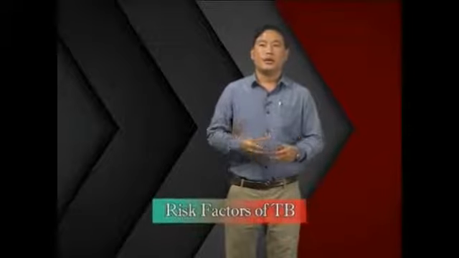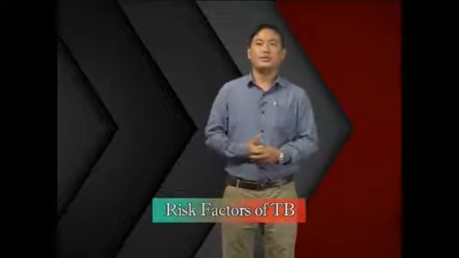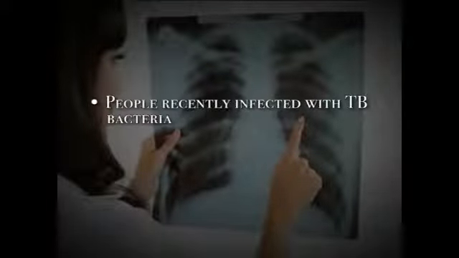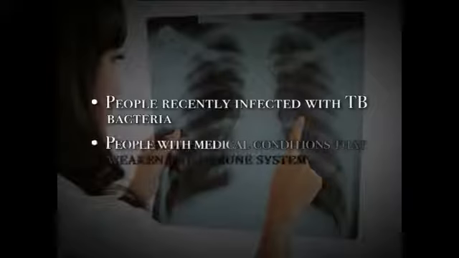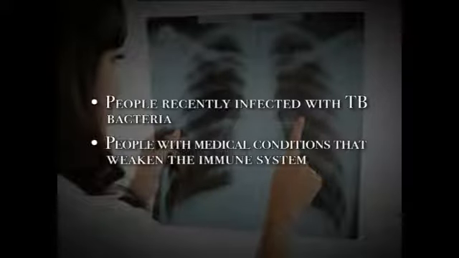Now we have risk factors of TB. Anyone can get TB, but people at high risk generally fall into two categories. Number one category, people recently infected with TB bacteria. Number two category, people with medical conditions that weaken the immune system. TB bacteria can live in the body without making the person sick.